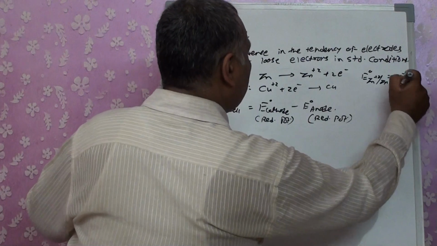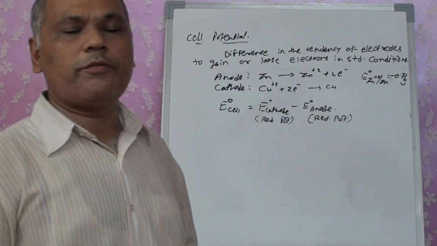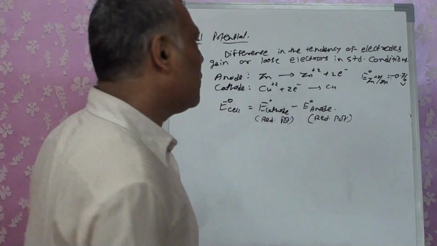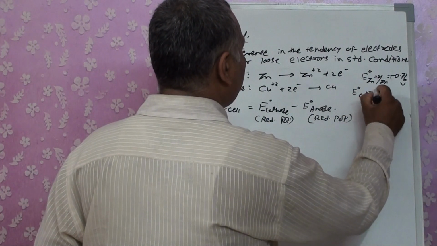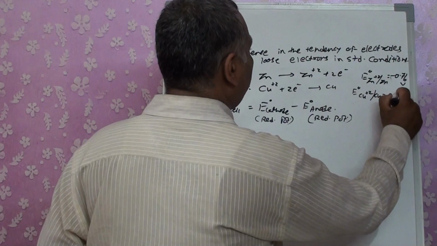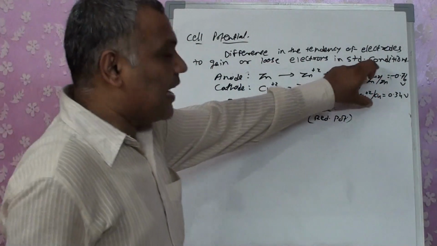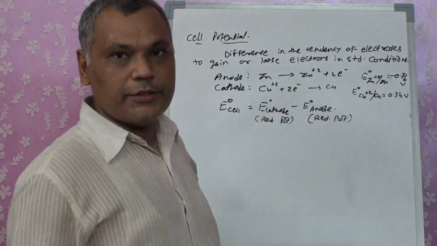Don't bother, these values will be given to you. For me, because of the number of practices, we remember that value, but these values will be given to you. E naught of Cu plus 2 Cu is 0.34 volt. Right? Now, these are the standard potentials. If they are non-standard potentials, their value will be changed.